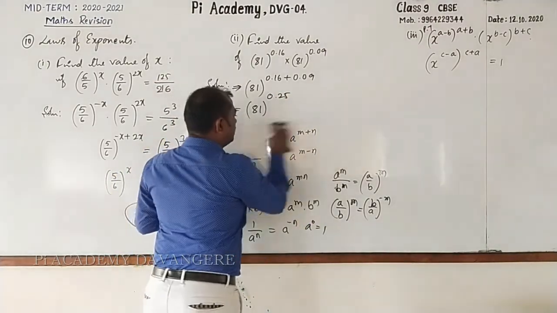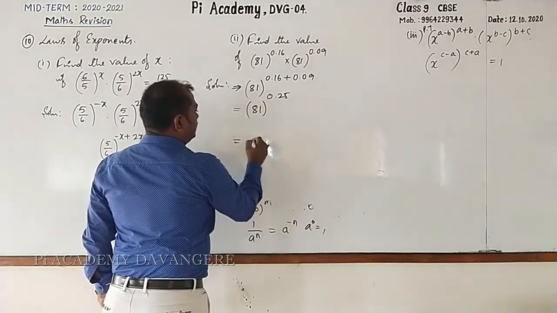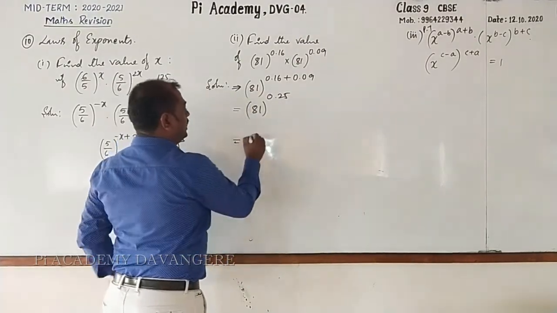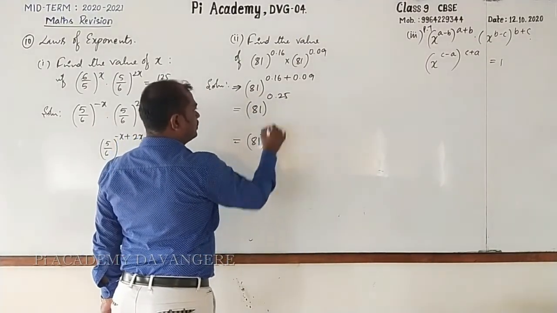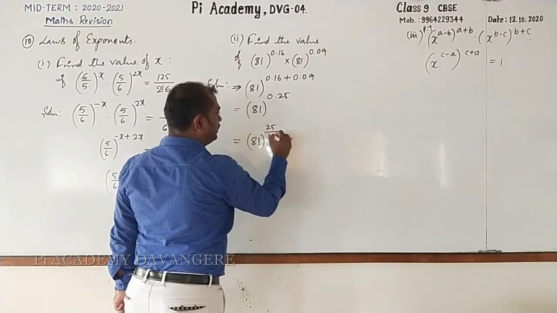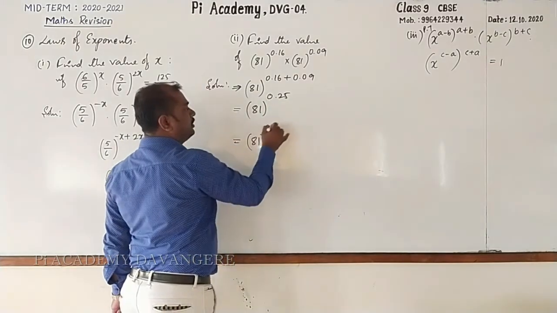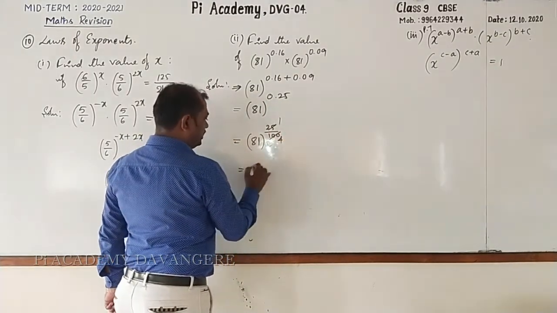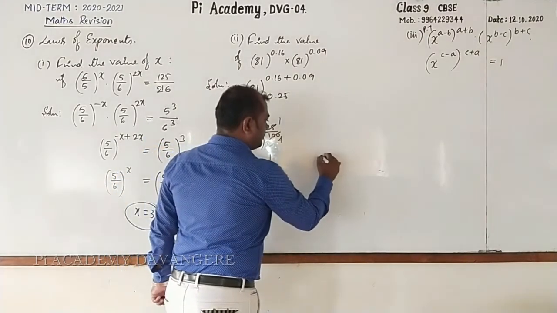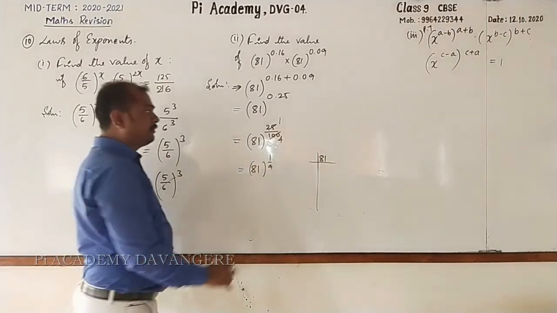Followed? Now, let us continue with this one. 81 can be written as it is, and 0.25 can be written as 25 by 100. Got it? Because decimal is converted into fraction. It is 1 by 4. 81 whole raised to the power 1 by 4. 81 can be expressed with the power 4 like this.